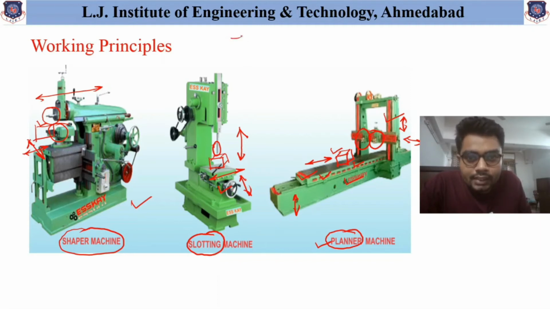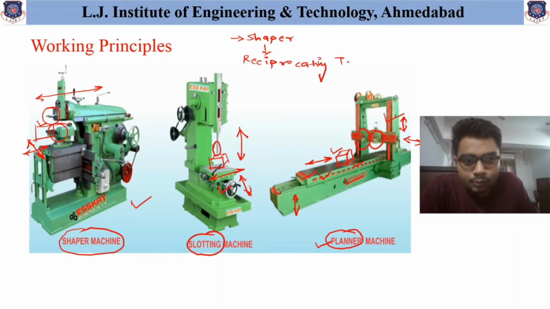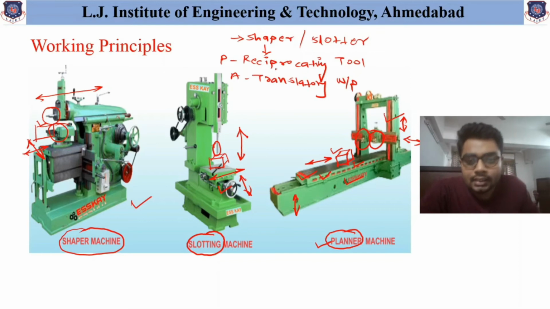In the case of the Shaper machine, the basic primary movement is the reciprocating movement of the tool, and the auxiliary motion is the translatory movement of the workpiece. Similarly, in the case of the Slotter machine, the scenario is the same.